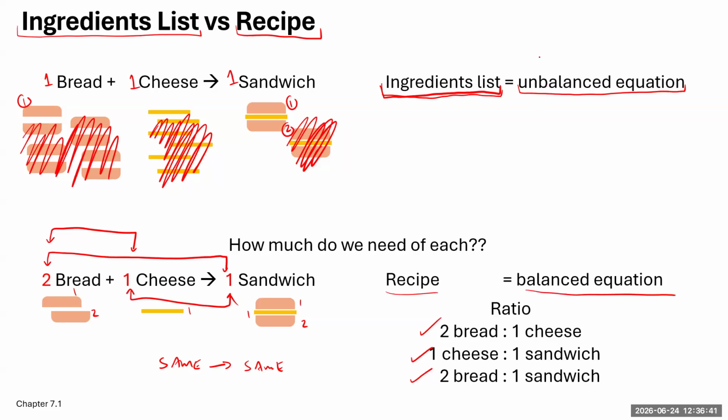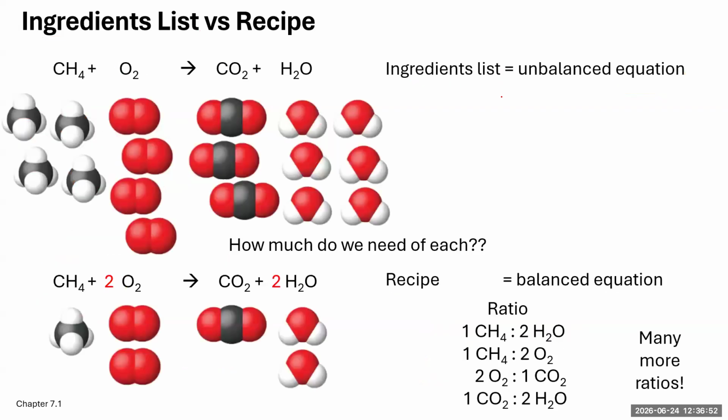So again, unbalanced chemical equations are like an ingredients list. They tell you what's there, not how much of it. Balanced equations tell you exactly how much you need of each thing. So if we look at molecules and chemical reactions, we could have a balanced equation, where the amount of atoms link up and are balanced on both sides.